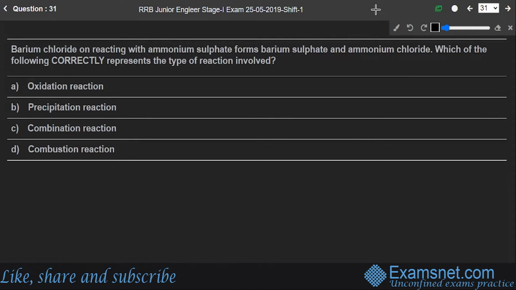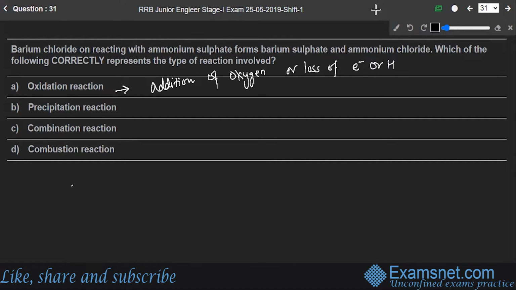See, the oxidation reaction, the first one, is the addition of oxygen to a substance or loss of electron or hydrogen. This is the oxidation reaction. The substance which gives oxygen for oxidation or removes hydrogen is called the oxidizing agent. So in this particular reaction, first of all, let's write down the reaction.